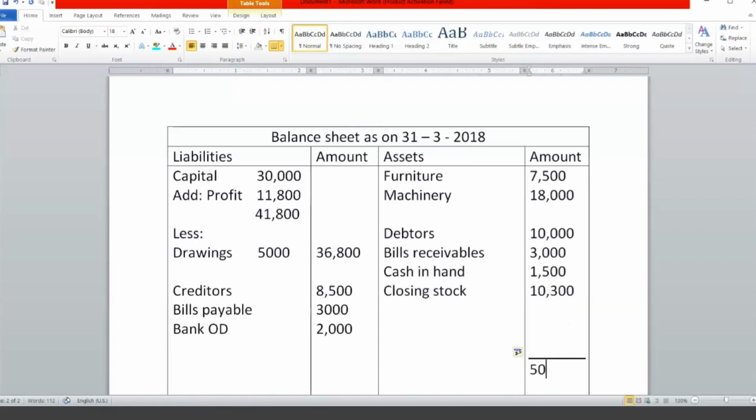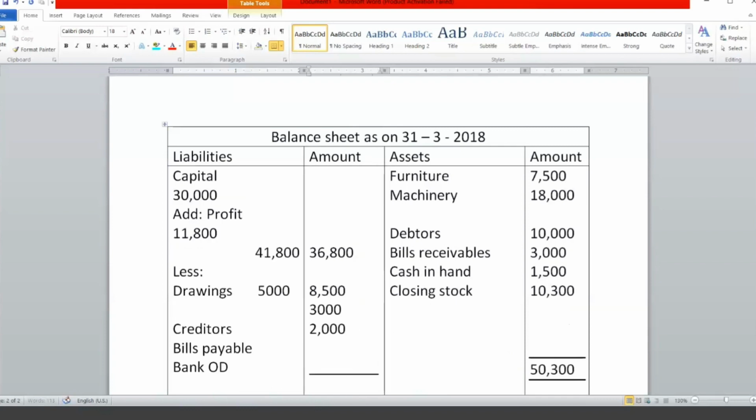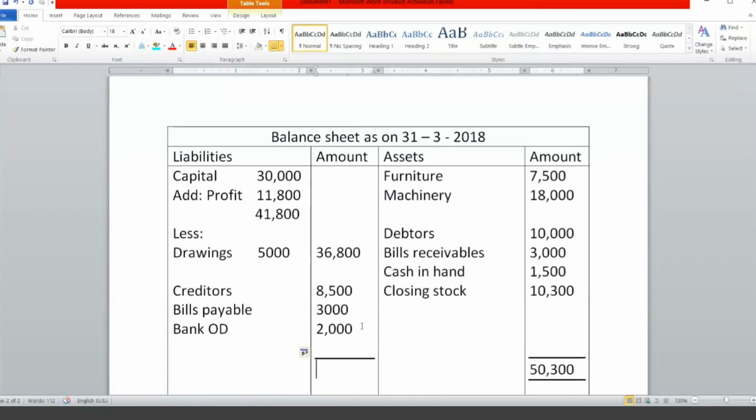Is it the same or not? 36,800 plus 8,500 plus 3,000 plus 2,000. It is 50,300. This one is tallied.